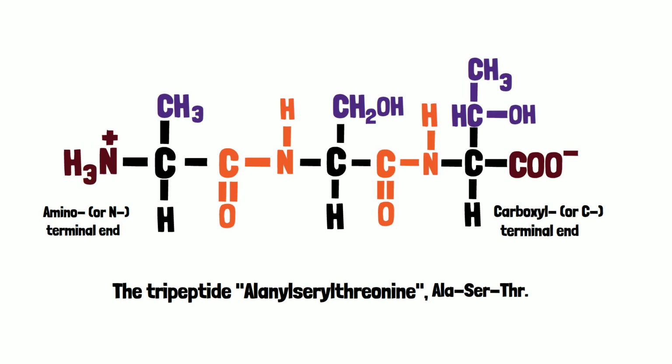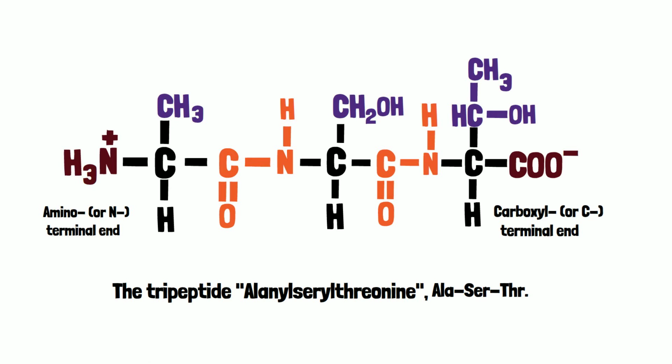Now, in a peptide, there are two ends, as you can see here. The amino acid residue at the end with a free alpha amino group is called the amino terminal residue, or in short, N-terminal residue, while the amino acid residue at the other end with a free alpha carboxyl group is called the carboxyl terminal or C-terminal residue.